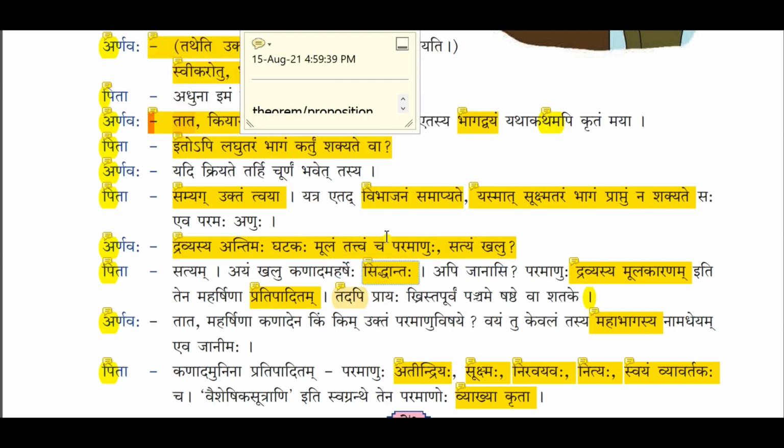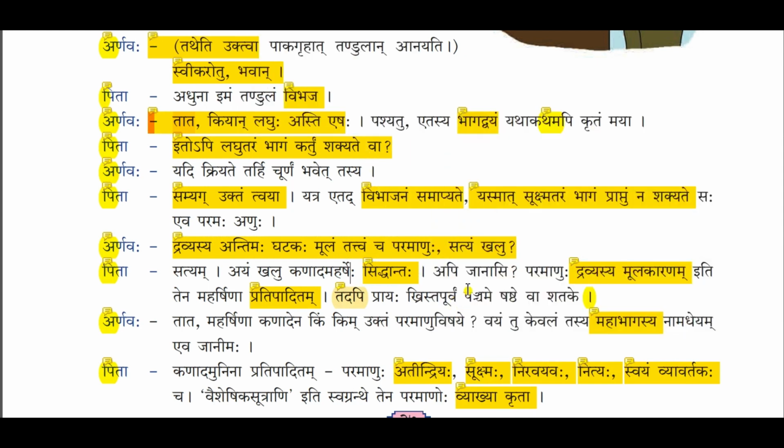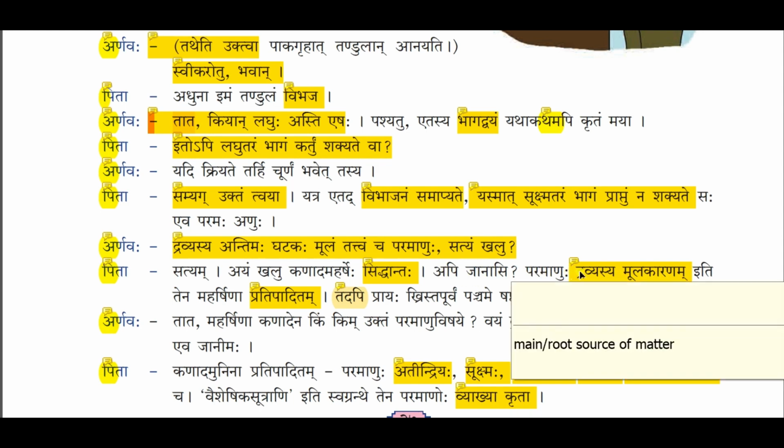Sage Kanad ने ऐसे ही कहा है. अपि जानासि, do you know? क्या तुम जानते हो? परमाणुः द्रव्यस्य मूल कारणम्. परमाणु means the atom, द्रव्यस्य मूल कारणम् is the root source of matter. Do you know that the atom is the root source of matter?